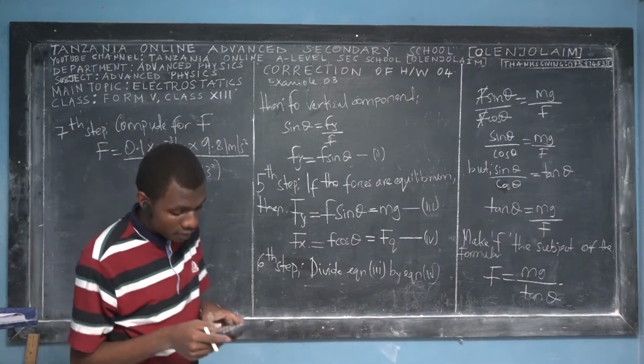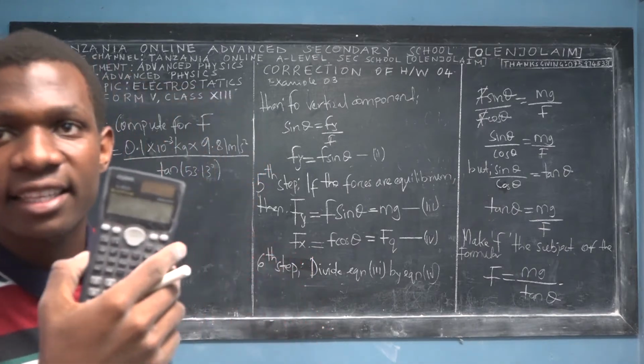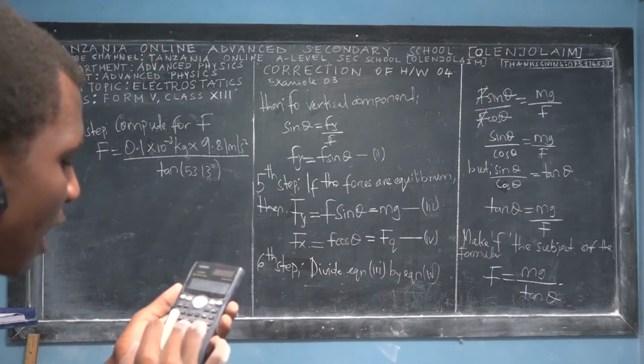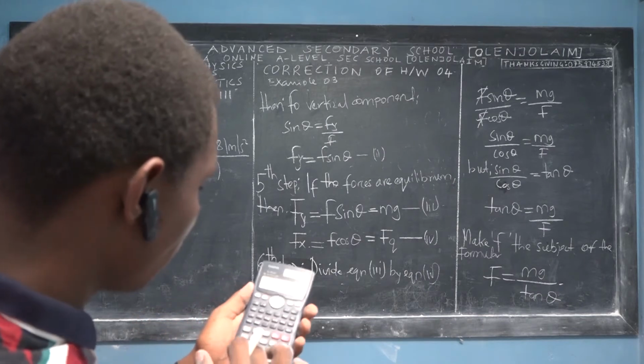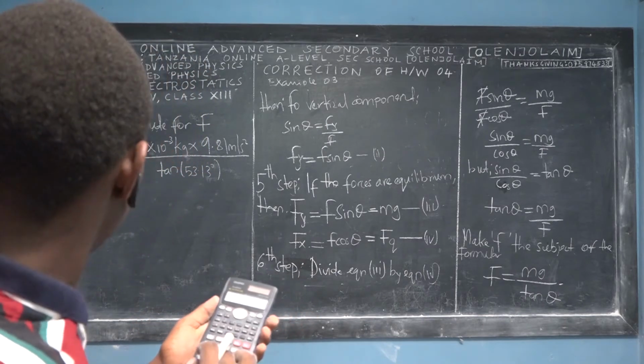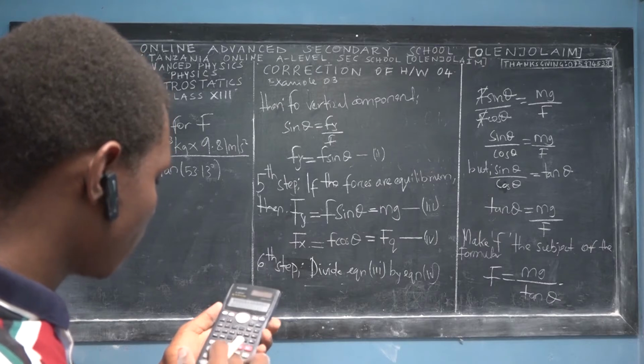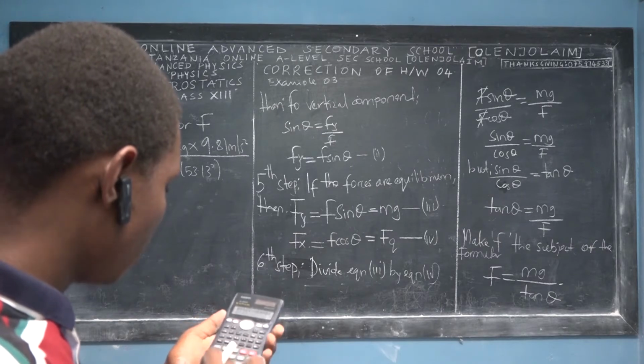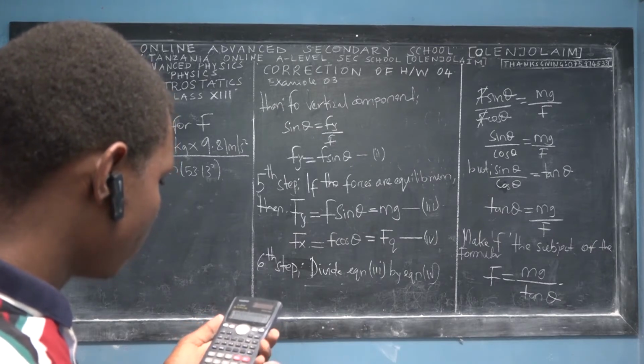So take your scientific calculator like this one. Tangent of 53.13, then 0.1 exponent negative 3 times 9.81 divided by my answer.